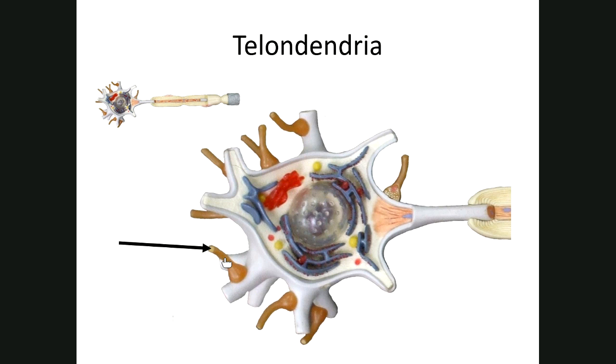They came from another neuron, and they're attaching onto this neuron. So the telodendria is going to be that slender-like process. It does not include what I'm circling. That's something else. It only includes this part here, not that.